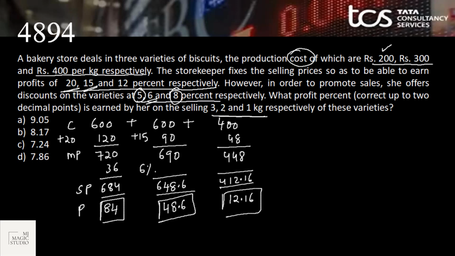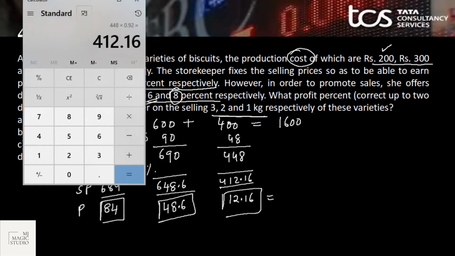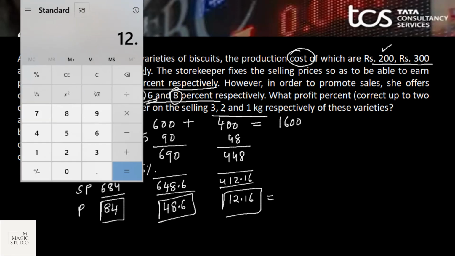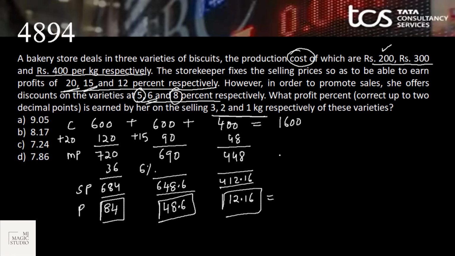Total cost 600 plus 600 plus 400, that is 1600. Total profit, let me add up. Total profit is 12.16 plus 48.6 plus 84, that is 144.76. We are looking for the overall profit percentage.